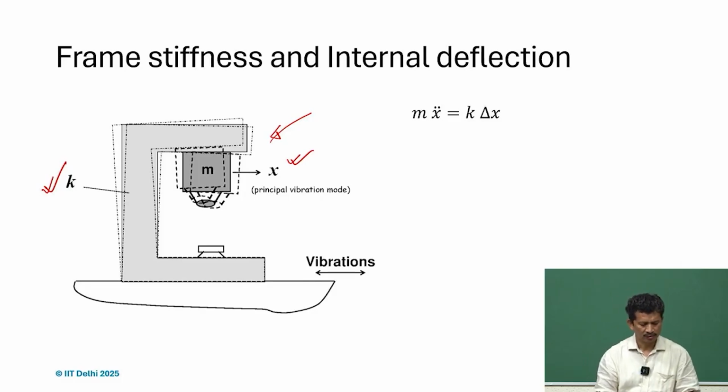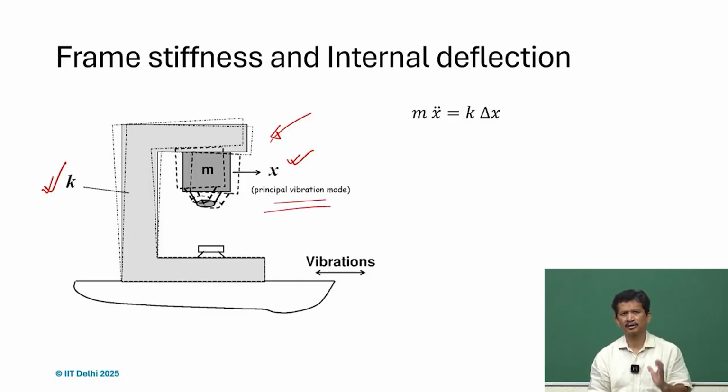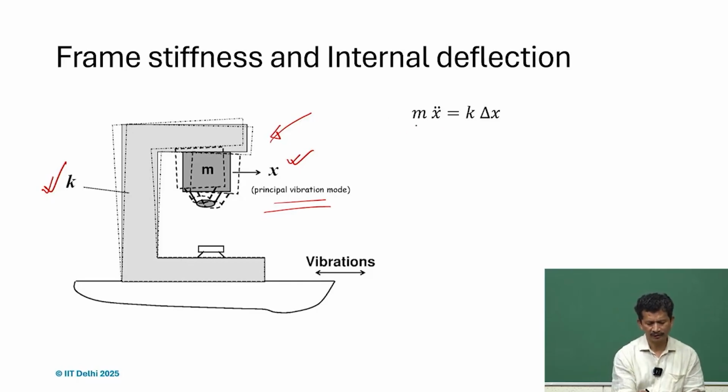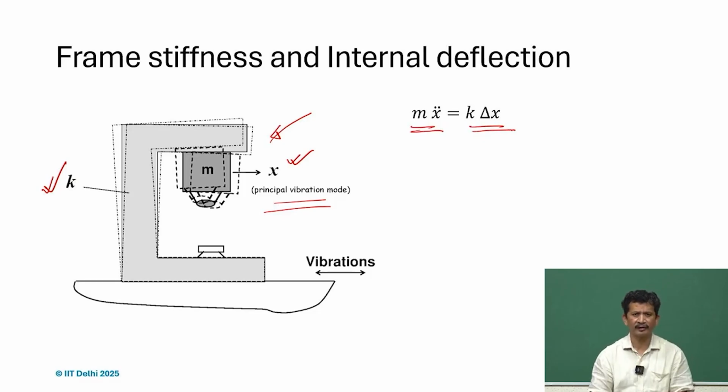What we can see is that it's an open structure, and that may be the principal vibration mode, how it will vibrate. If we write the dynamic equation, again m x double dot is equal to k delta x, where delta x is the deflection of the frame.